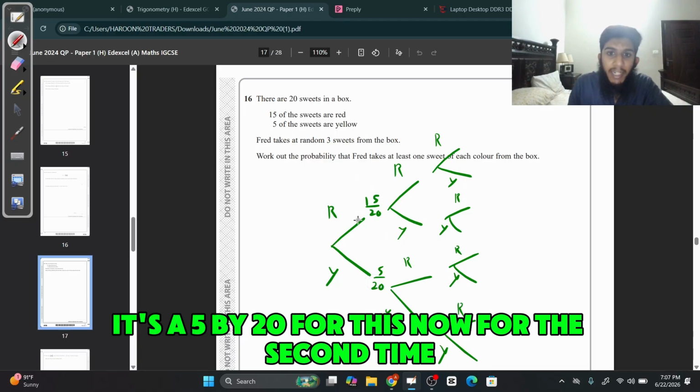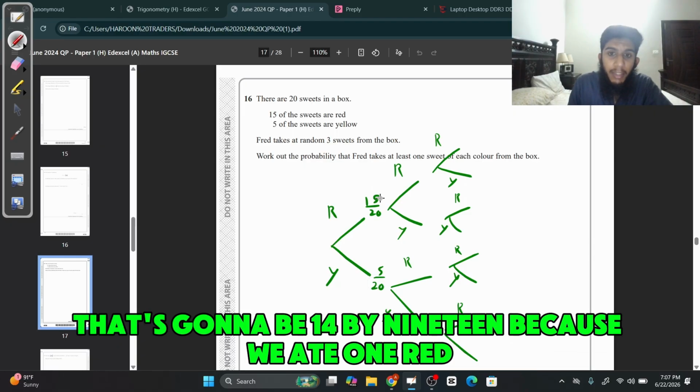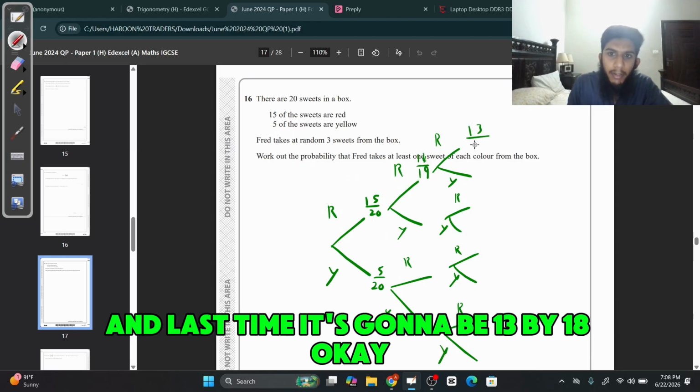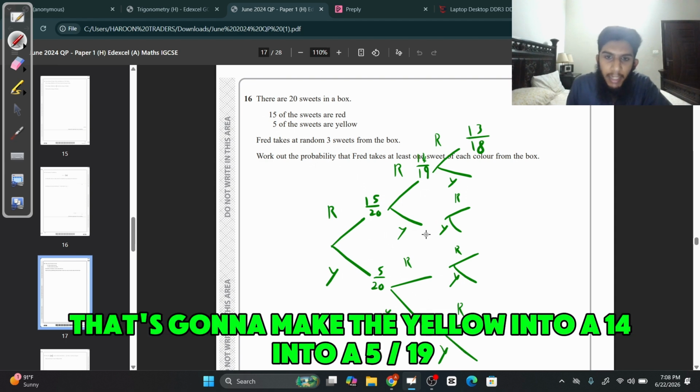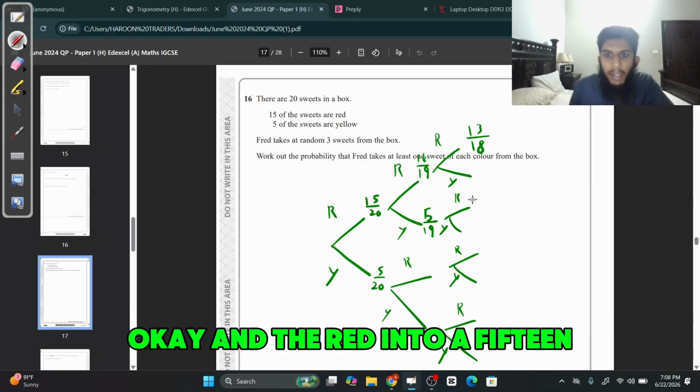Now for the second time, if we take red the first time, that's going to be 14 by 19 because we ate one red. And last time it's going to be 13 by 18. If we take one red, that's going to make the yellow into 5 divided by 19, and the red into 14.